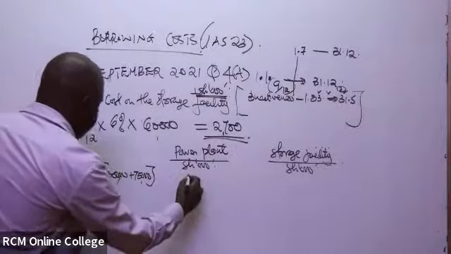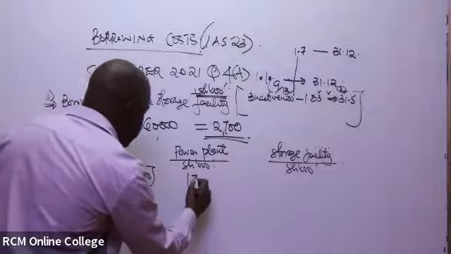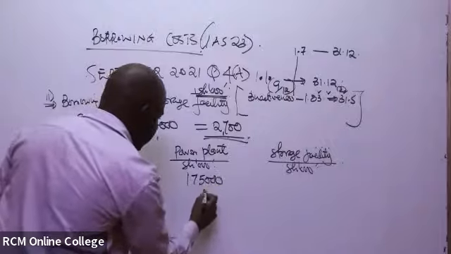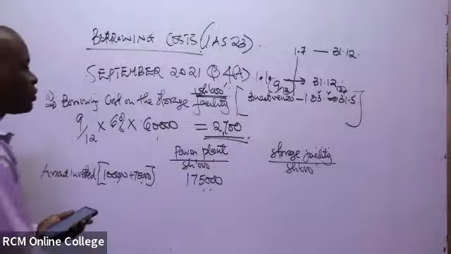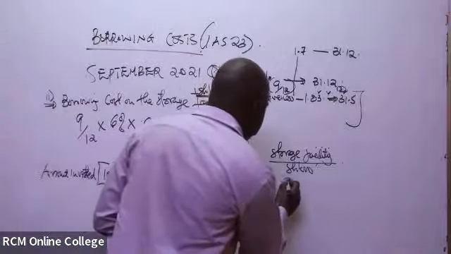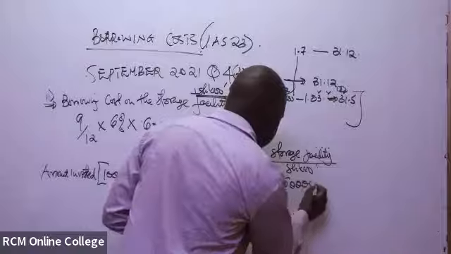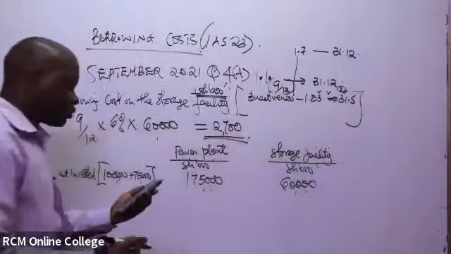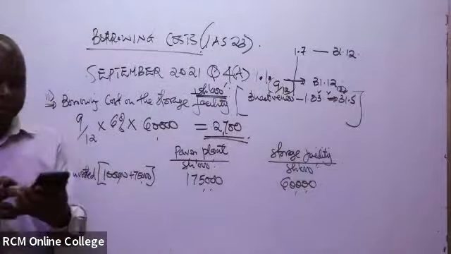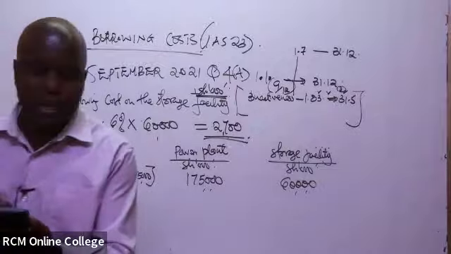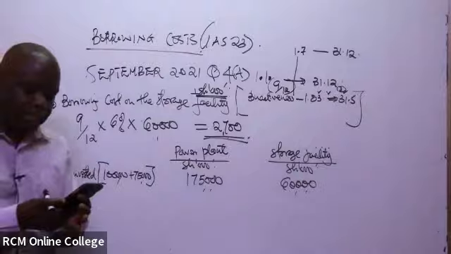So this one basically came to 175,000. So that's the amount that was invested. And in the storage facility, they invested by the end of the year 60,000. But now what they want us to determine is the value of the asset in the books of Darubini Limited by the end of this year.